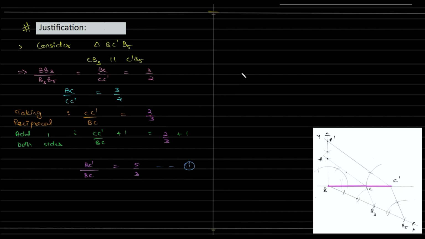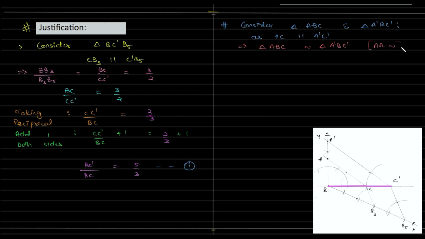How do we do that? We have to prove that the triangles are similar. That's it. So consider triangle ABC and triangle A dash BC dash. So as AC is parallel to A dash C dash, what can we tell? We can tell that triangle ABC is similar to triangle A dash BC dash. Why?